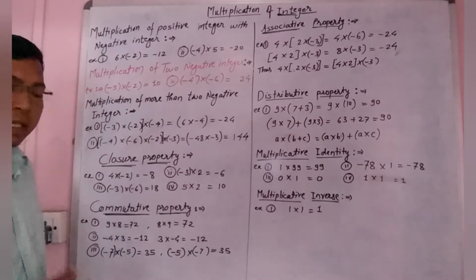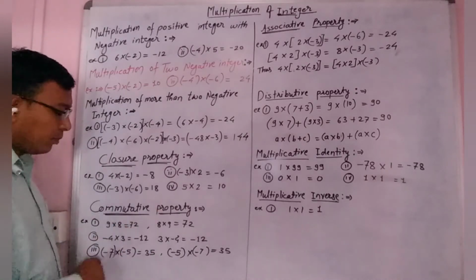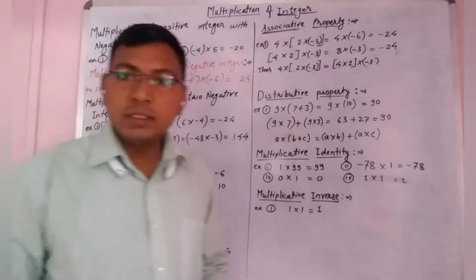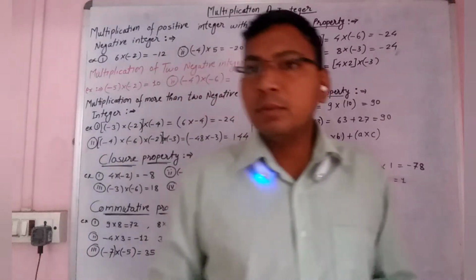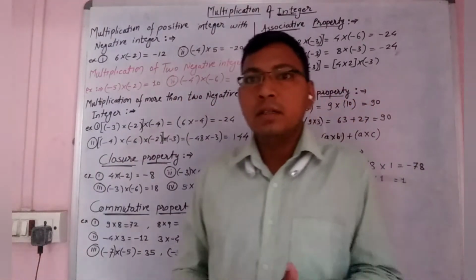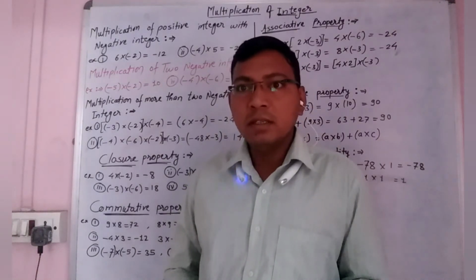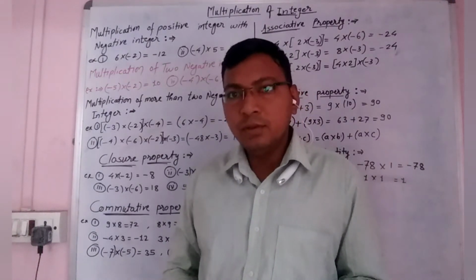Now the second property is the commutative property. In the commutative property, we take two integers and multiply them in any order, and the product will be the same.